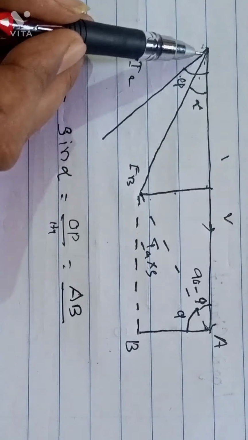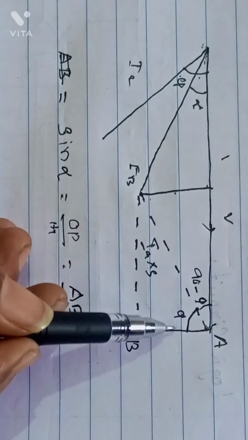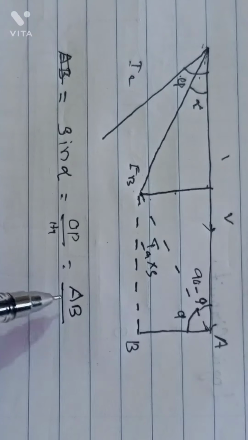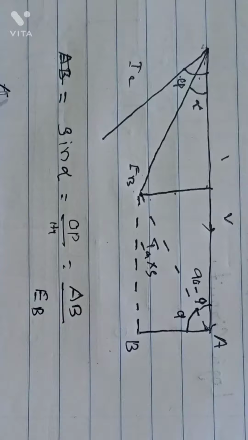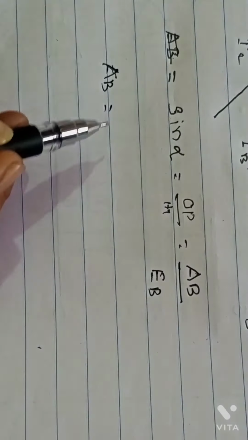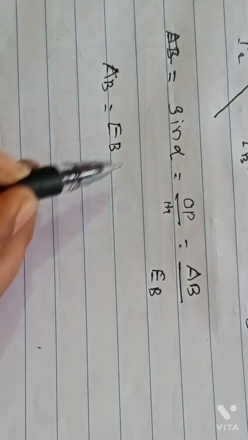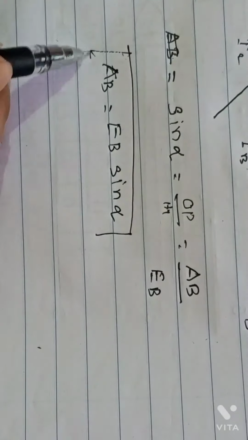It is EB. So AB is equal to EB sine alpha. I got this equation. Are you clear?